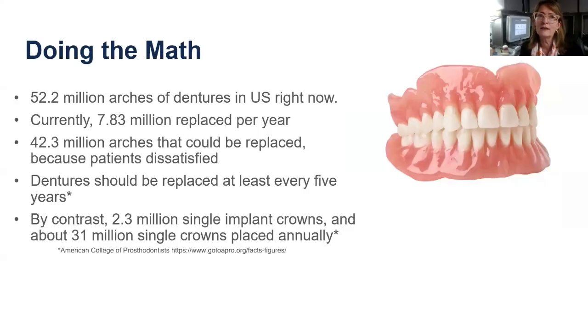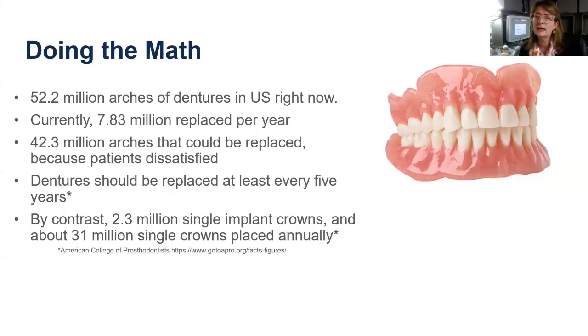So doing the math, 52.2 million arches of dentures are in the US right now. Currently 7.83 million are replaced yearly, with 42.3 million arches that could be replaced because the patients are dissatisfied. And, you know, when it comes to insurance reimbursement, oftentimes, but as far as recommendations, dentures should be replaced approximately every 5 years.